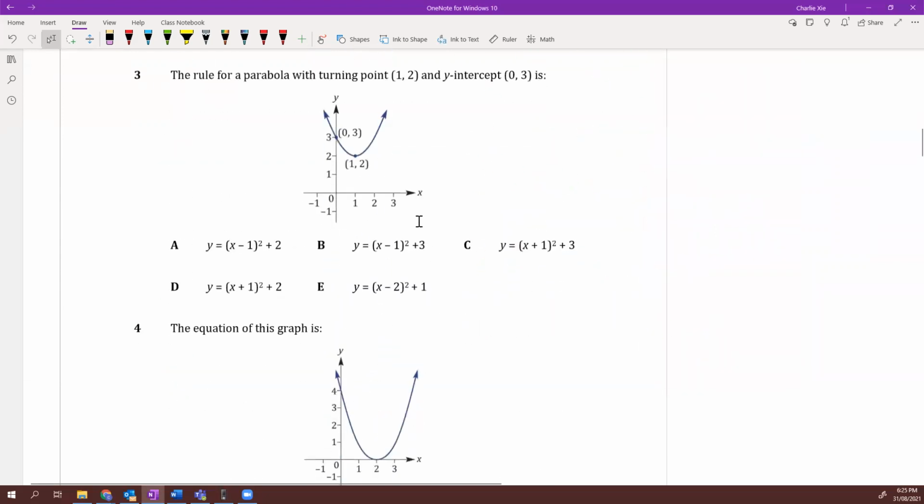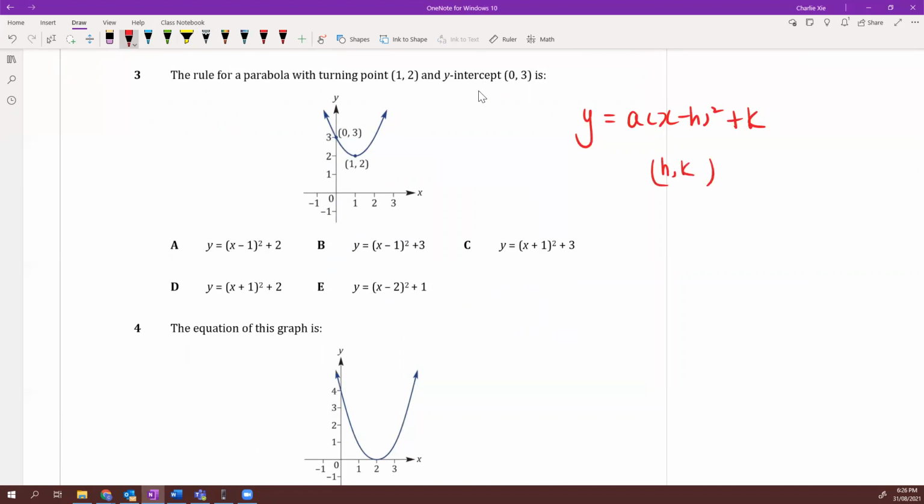Next question, the rule for a parabola with a turning point 1,2 and a y-intercept 0,3. So here's a graph for this one. The turning point form is y equals a(x minus h) squared plus k. And this h comma k would be your turning point.